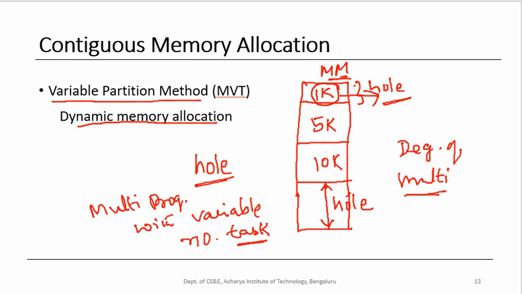Now let us try to take an example and understand the difference between fixed size partition method and variable sized partition method, and see which one is better. Okay, so before understanding the other concepts of contiguous memory allocation.